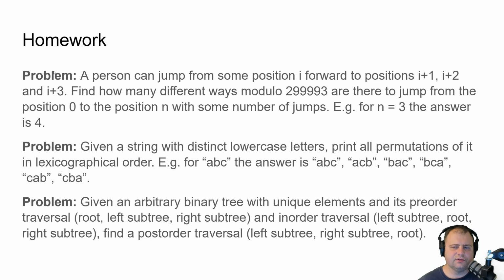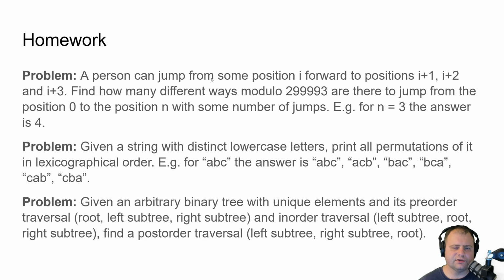Okay, so let's take a look. So for the first problem, we can do a simple recursive algorithm where we just try to jump in the three different steps and go forward. But this is gonna have exponential runtime. You can also check for the last step.